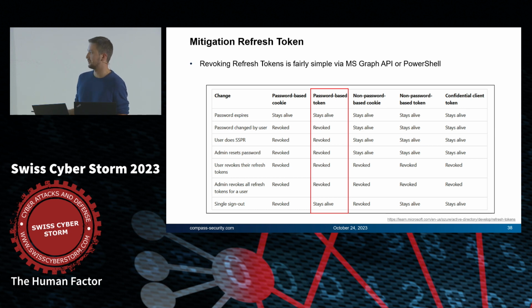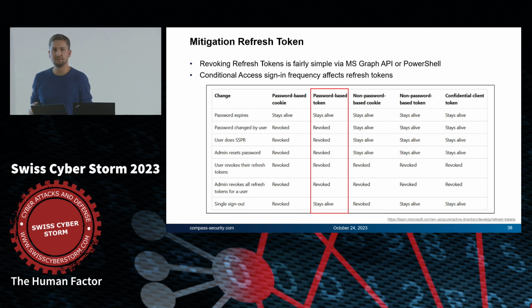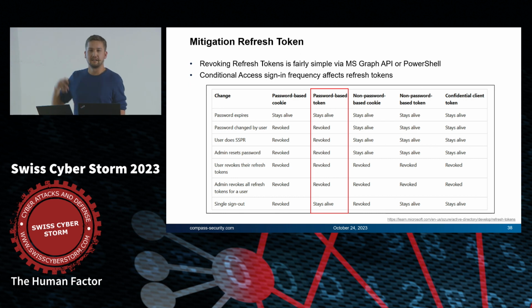So we always recommend to do it via MS Graph or PowerShell, and then you can revoke all tokens that exist. Another nice thing to do is conditional access sign-in frequencies. So let's say you require the user to log in every 14 days to their account, and then all the refresh tokens that existed before that will be invalidated.